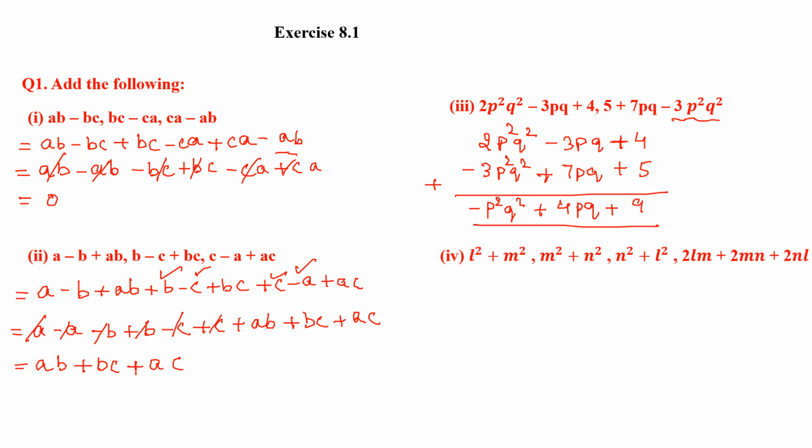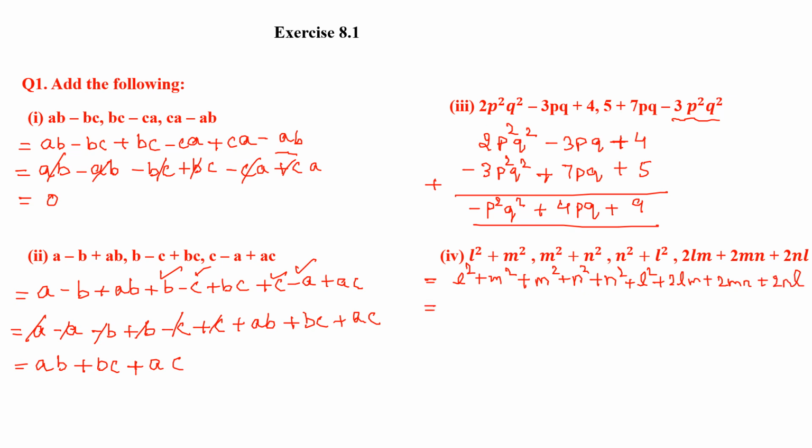Now the fourth question: L square plus m square, plus m square plus n square, then plus n square plus L square, and then it is 2lm plus 2mn plus 2nl.